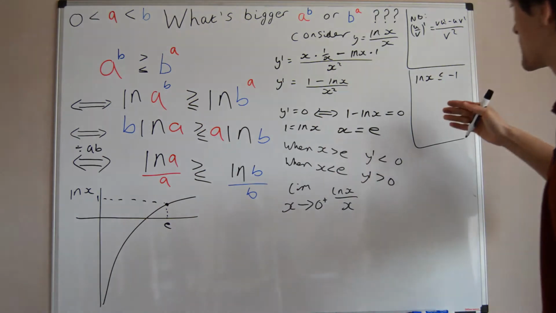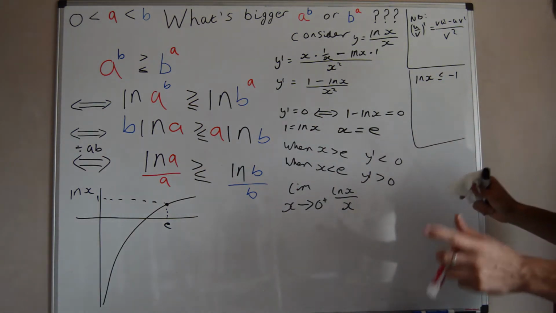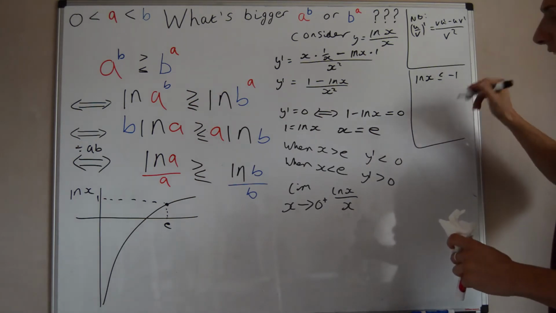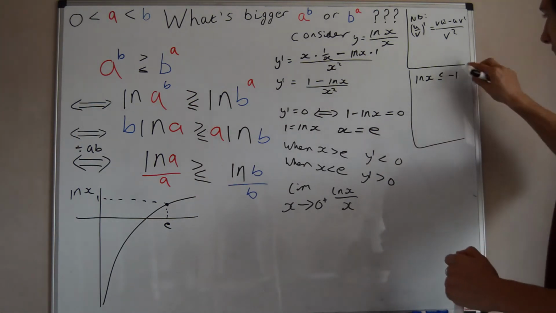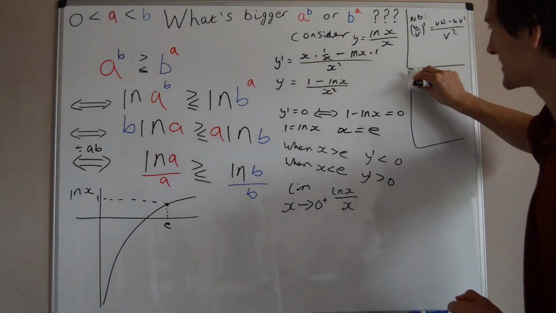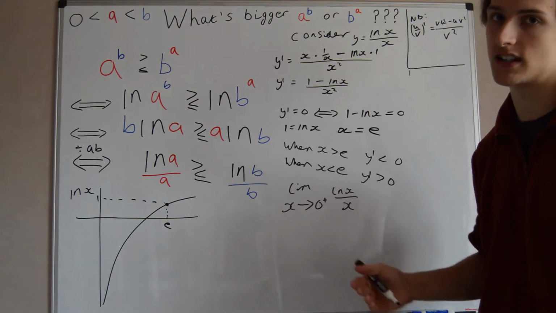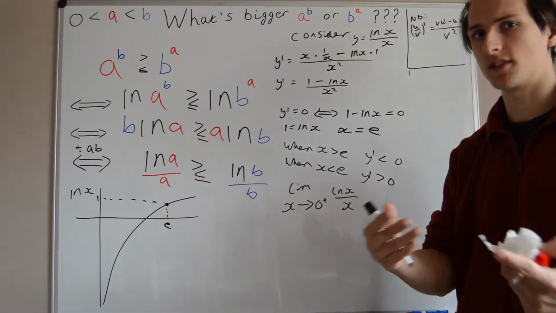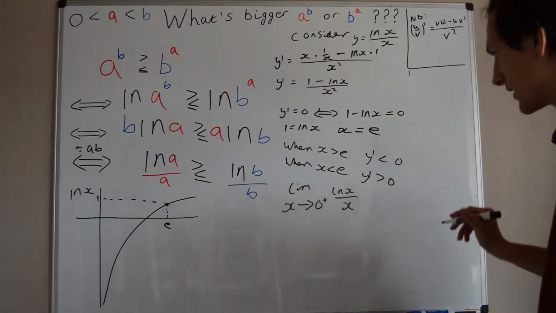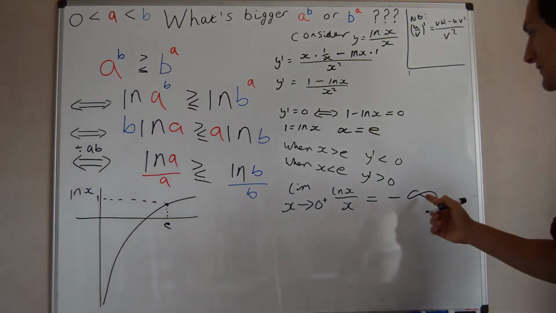Then consider the limit as x goes to 0 of minus 1 over x, which diverges to minus infinity, and as the natural logarithm of x is less than minus 1, the natural logarithm of x over x also diverges to minus infinity. But I don't want to spend too long on this, so I'm just going to say that this is minus infinity.